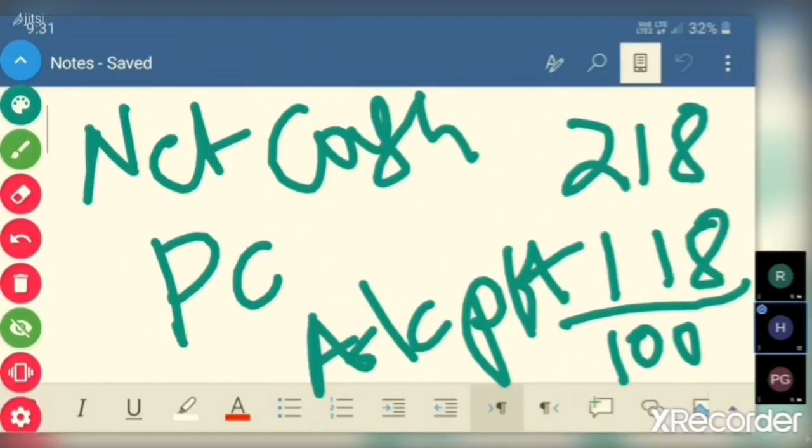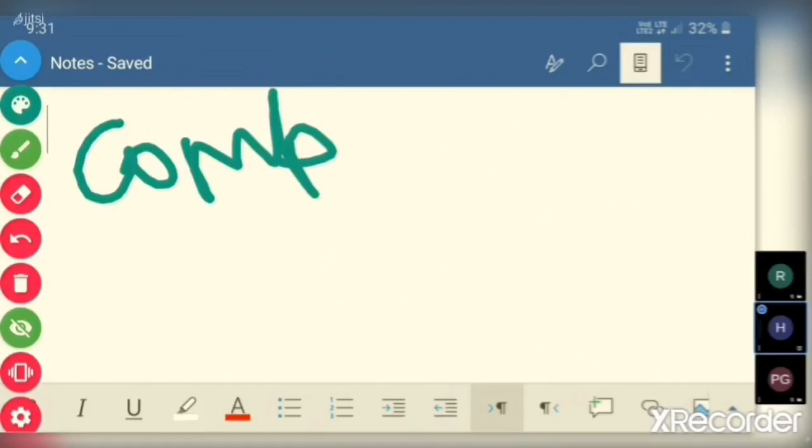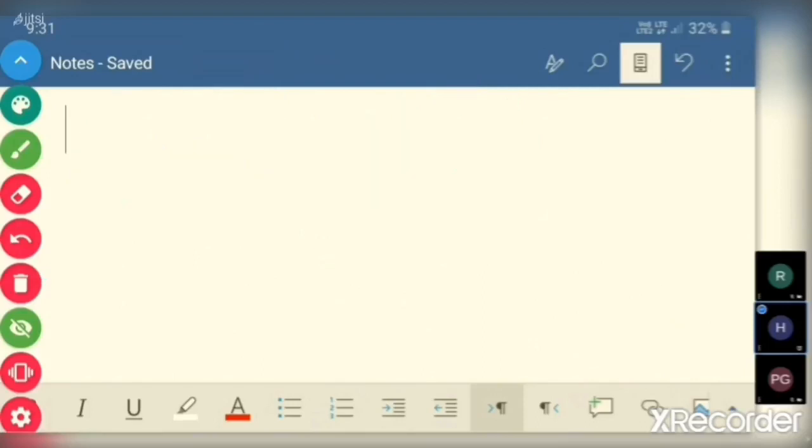Okay. Now let us go ahead with the composite scheme. Suppose he opts for the composite scheme. What is the profit he will make, and what is the net cash left with him? So on 236, what is the composite scheme tax rate? 1%.